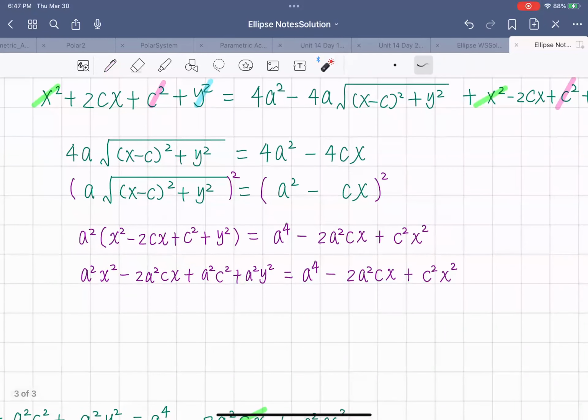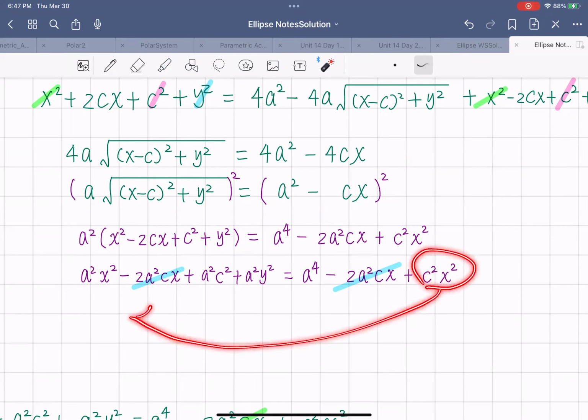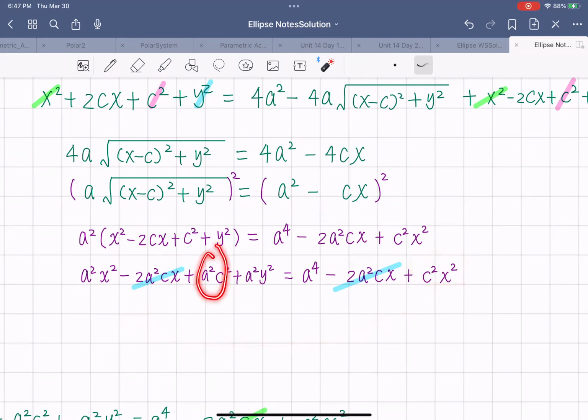Next, let's see the guy which can be canceled. Catherine, tell me which term can be canceled. Negative 2a squared cx. Okay, that guy can be gone. Now we are going to move the c squared x squared to the left, okay? And we will move this guy to the right.